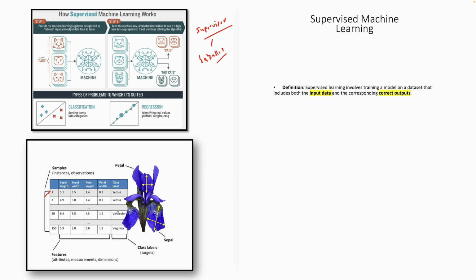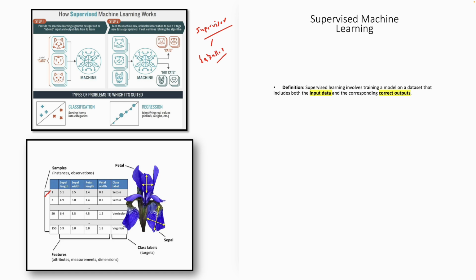It could be a setosa, it could be a versicolor, or it could be a virginica, right? All these differ based on the features, like sepal length, sepal width, petal length. You can identify which class of the iris flower it belongs to. And first of all, sepal is nothing but the outer part of the flower, which is normally the green part, right? That is your sepal, and petals we all know, right?